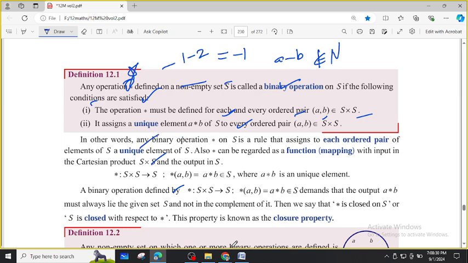So a operation with b should be defined for every ordered pair (a, b) belonging to S cross S. It should be defined in that set.